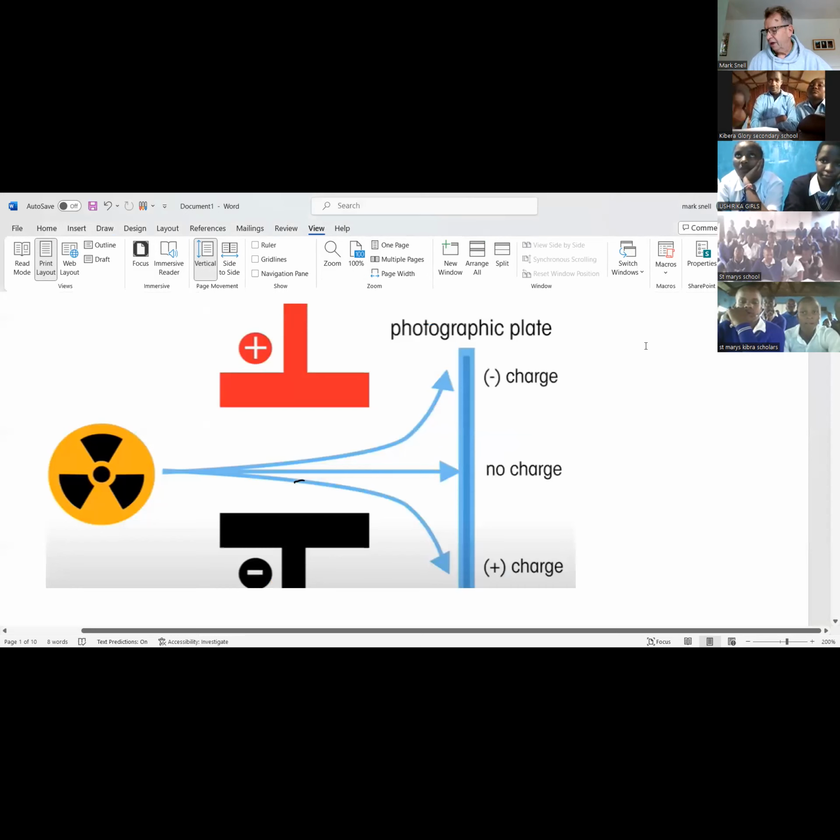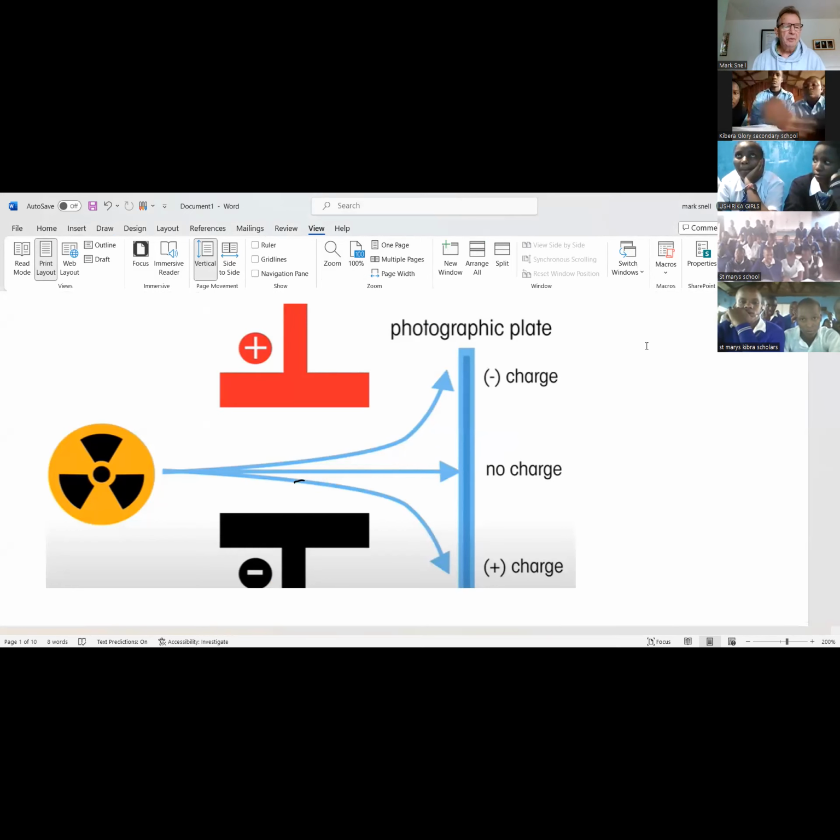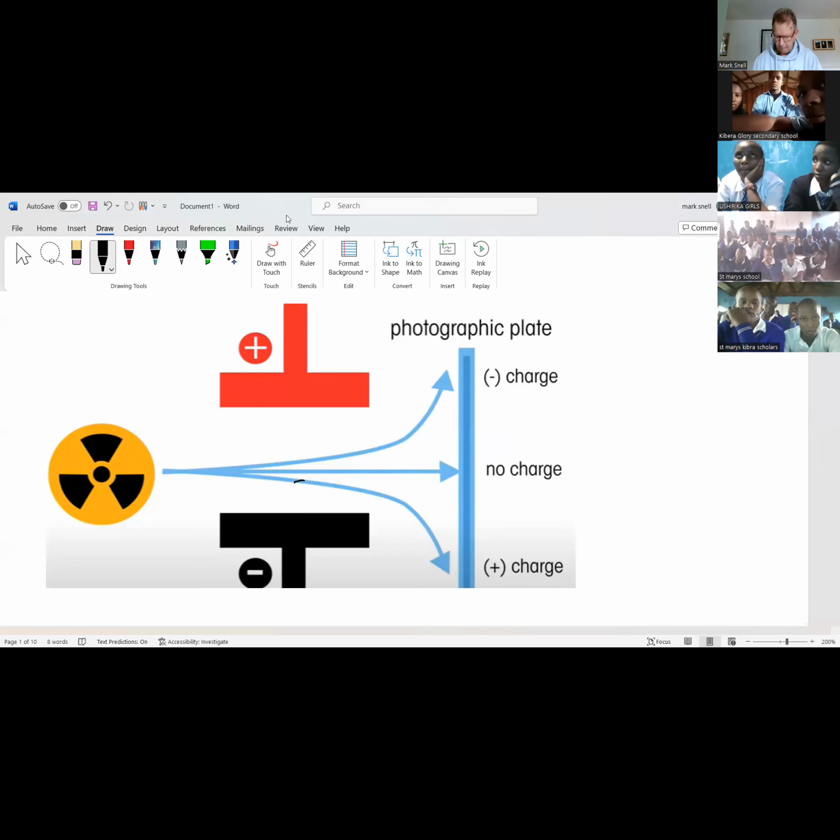Okay, so here's the diagram, and I'm going to tell you what's wrong with it, because sometimes they ask you to draw this diagram for alpha, beta, and gamma particles, which are the three.